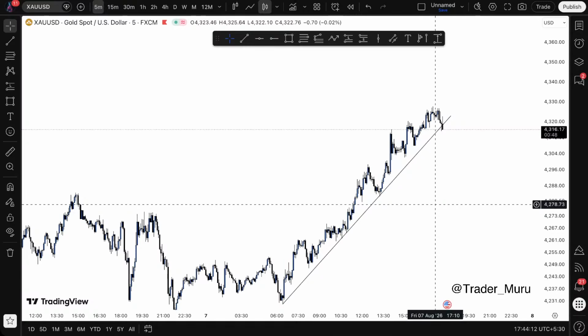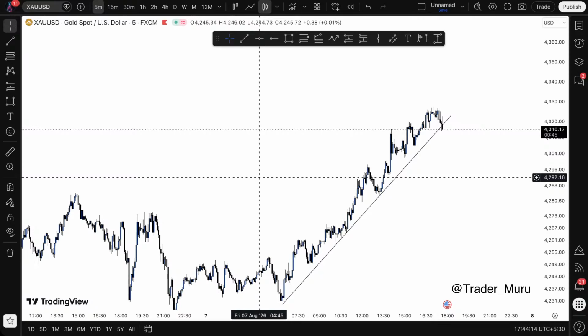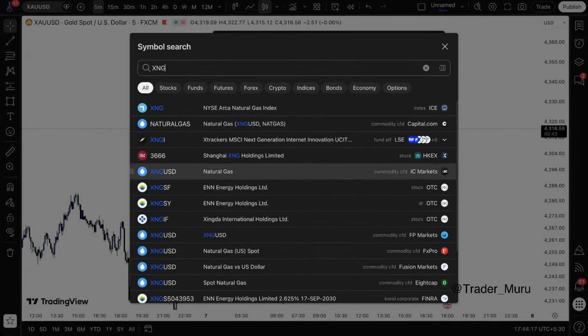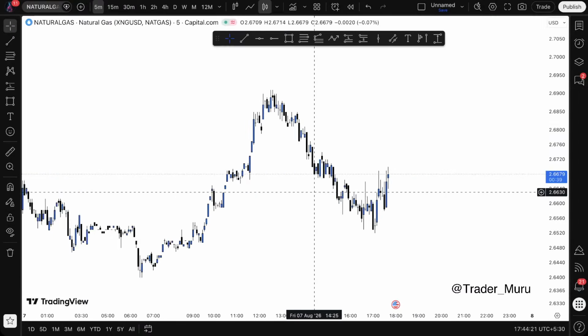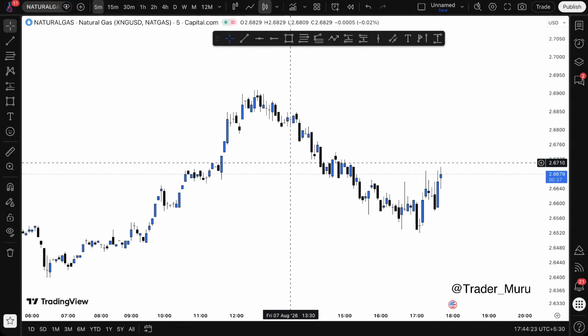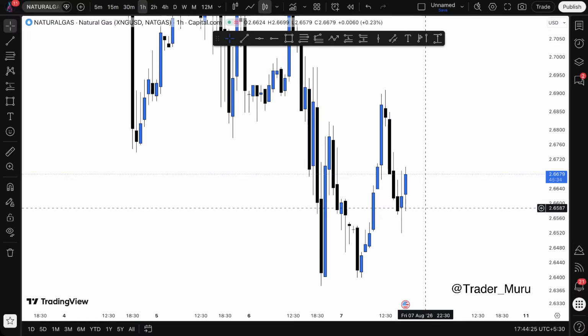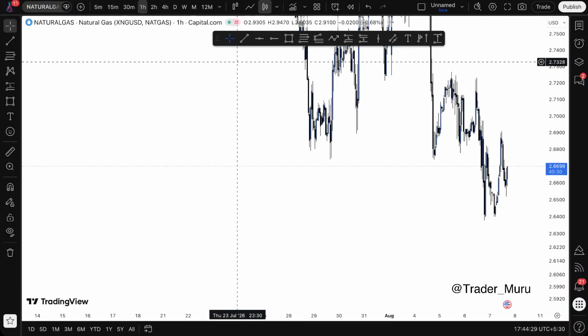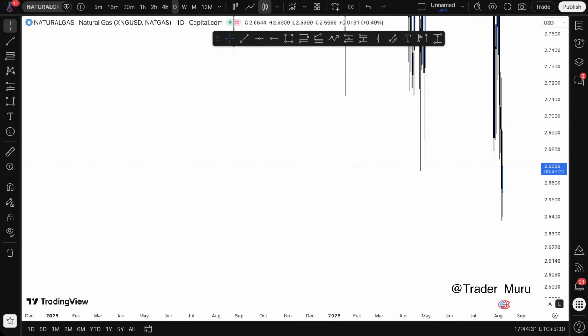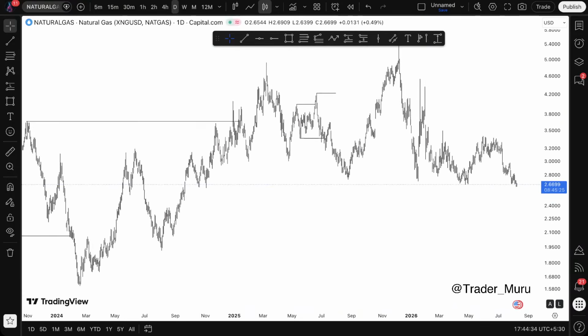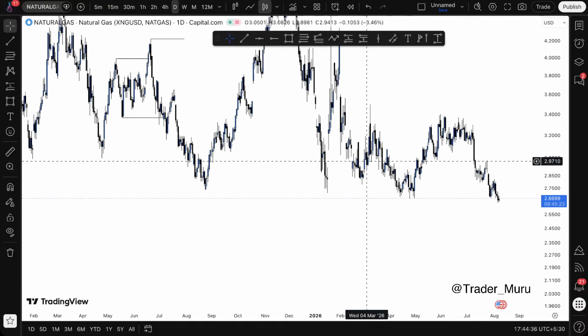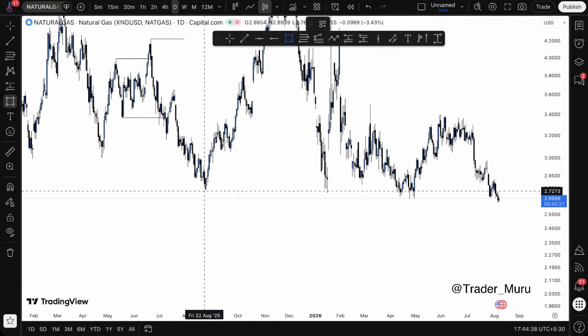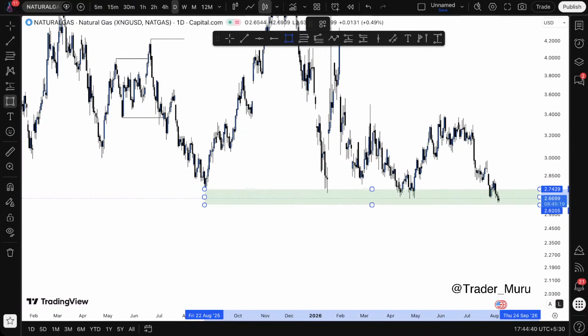Any views on natural gas, sir? XNG. Daily, it is sitting at a support area. We have a break below.